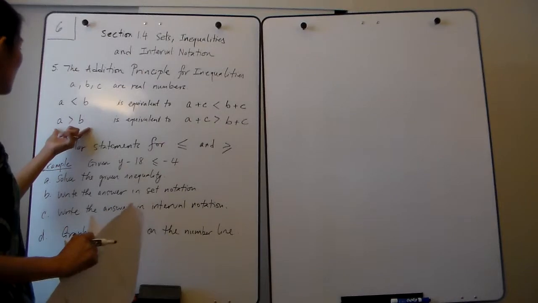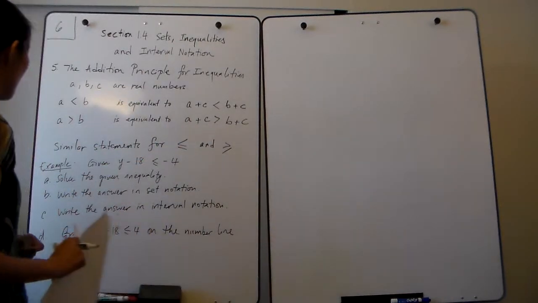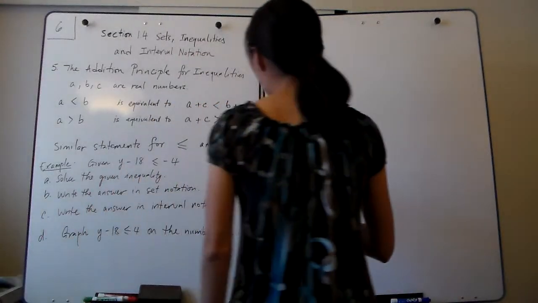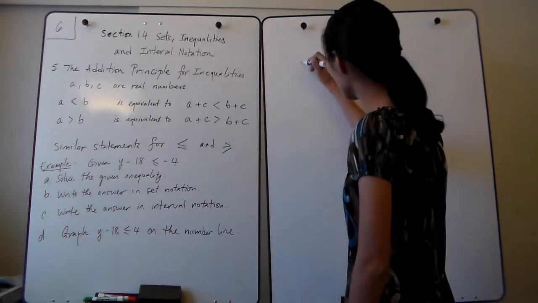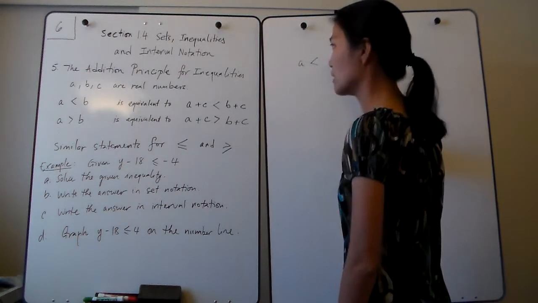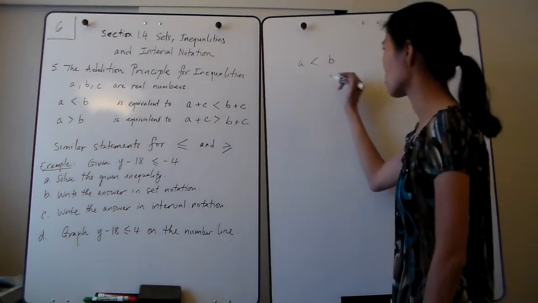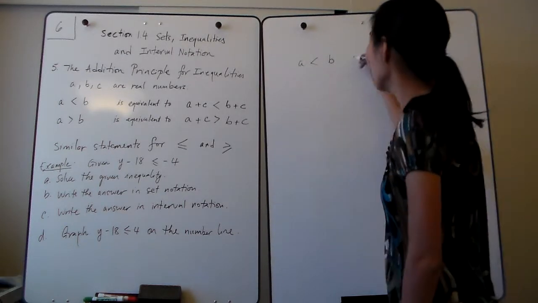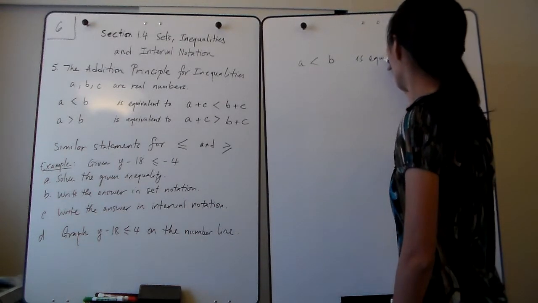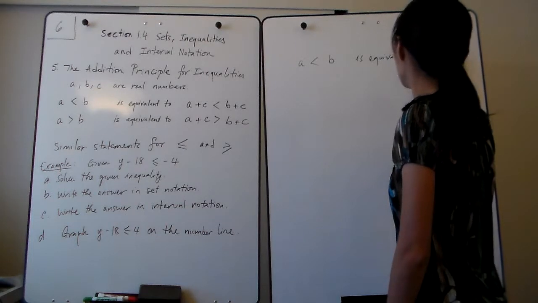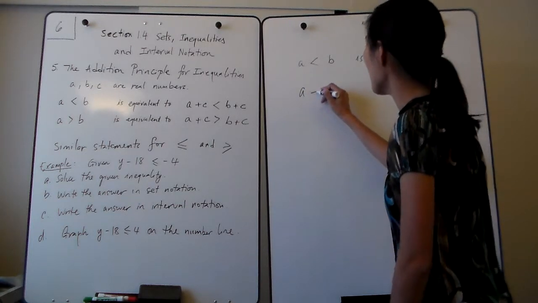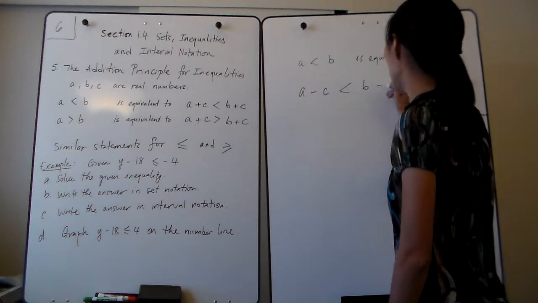Okay, to go to this inequality. And if you recall, with the addition principle, if we subtract something, it will be equivalent to a minus c less than b minus c.